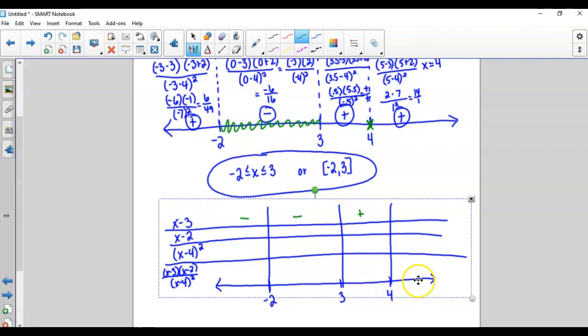And a number larger than 4, like 5 minus 3, gives me a positive value. Whenever you have linear terms like this, with a single x, you change from positive to negative or negative to positive at the point that would make this value 0. So you see negative, negative, positive, positive.